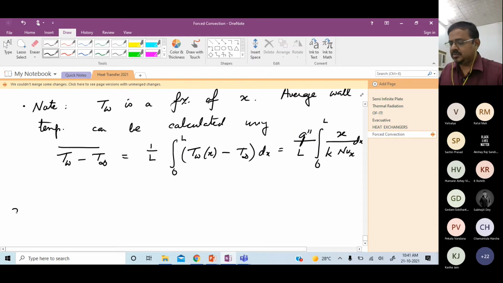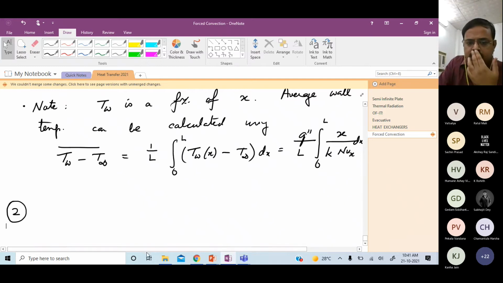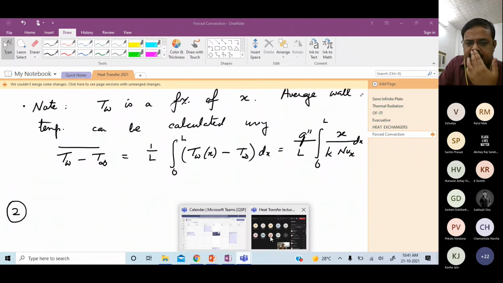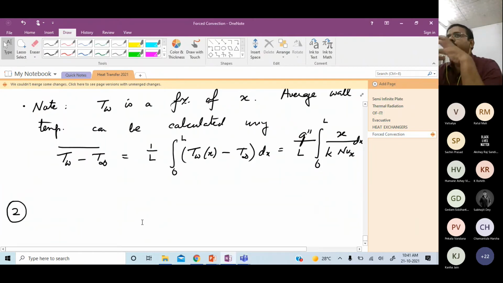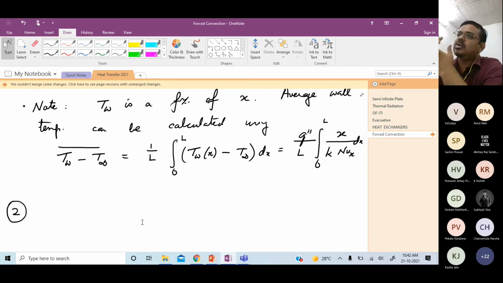However, as we discussed, unlike internal flow, flow through a pipe or so, where the Reynolds number is defined in terms of the diameter, so the flow is laminar or turbulent throughout, right from the beginning.